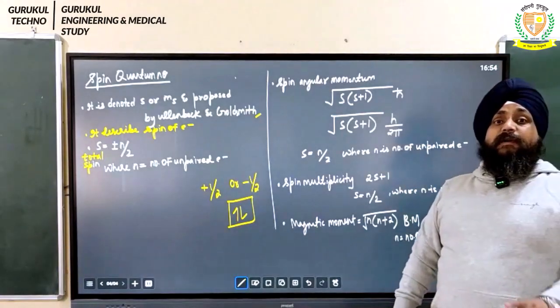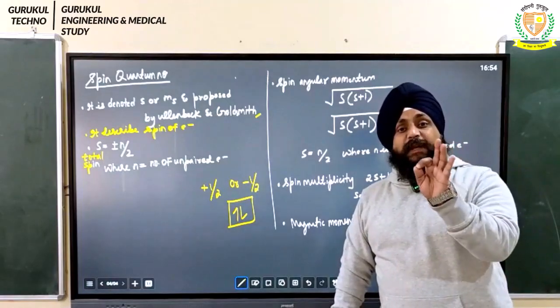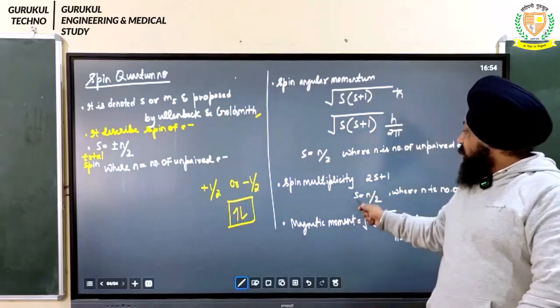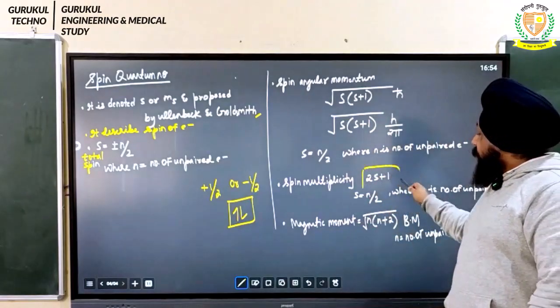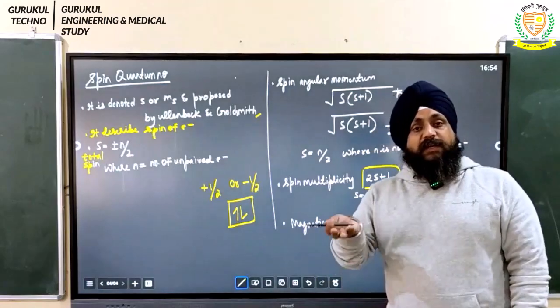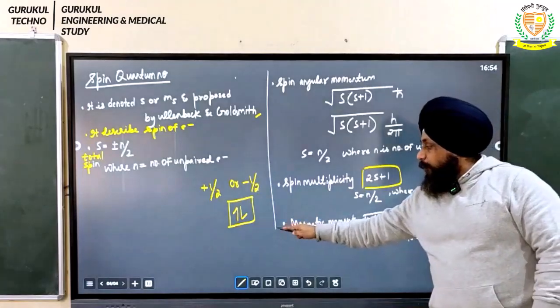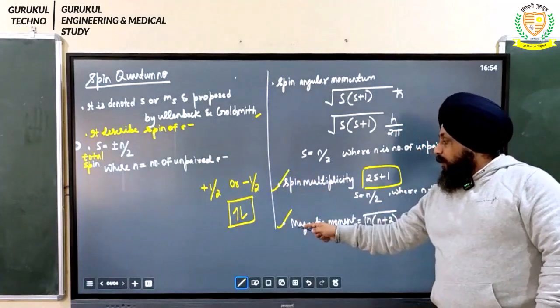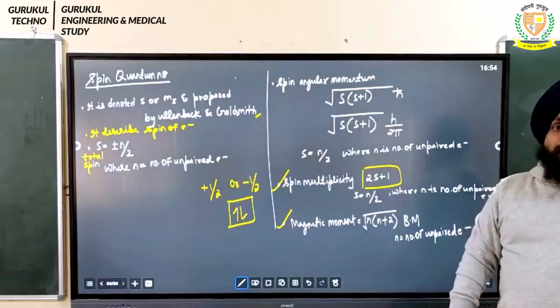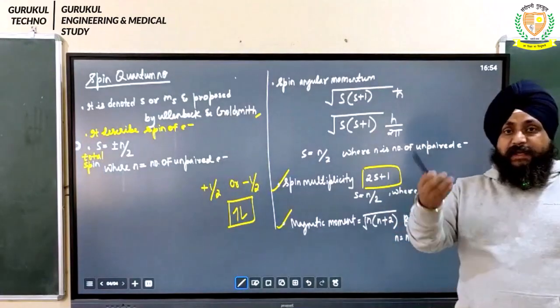Now students, one more formula which you are supposed to remember. If they ask you to find out the spin multiplicity, you will be using the formula 2s plus 1. What is s over there? It is n/2, where n is the number of unpaired electrons. See, they keep on asking questions on these. This magnetic moment is their favorite part. They always ask to find the magnetic moment for an ion.